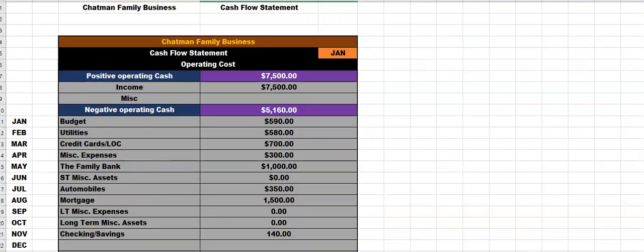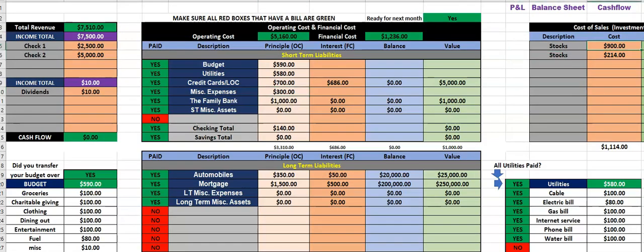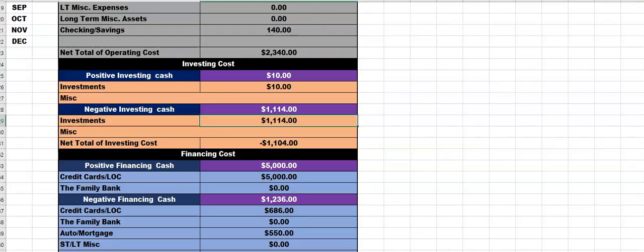So if we look at the investments, 1,114 went to investments, which is the total here, 1,114.